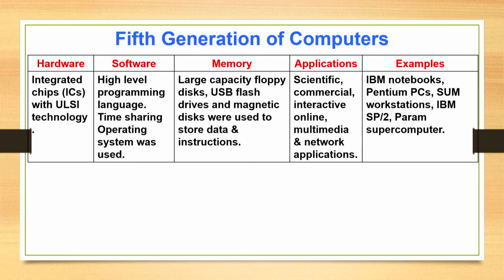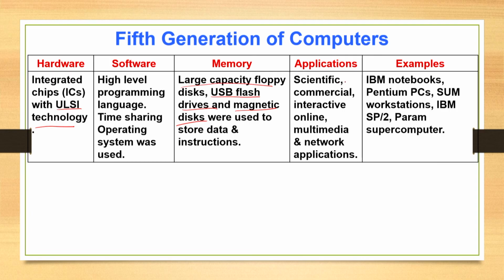Next comes the fifth generation of computers. The hardware that was used in the fifth generation, or you can say nowadays computers, are integrated chips with the ULSI technology, and obviously we have the high level languages, time sharing operating system is used. We have the floppy disk, USB flash drives, magnetic disk which were used to store data and instructions.